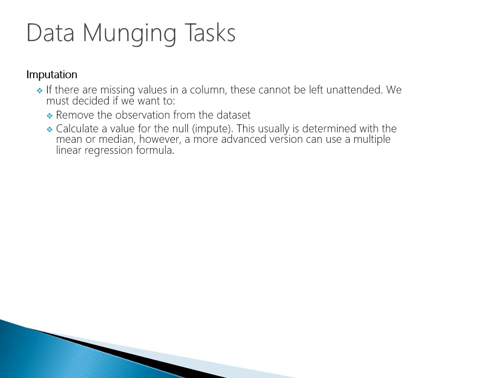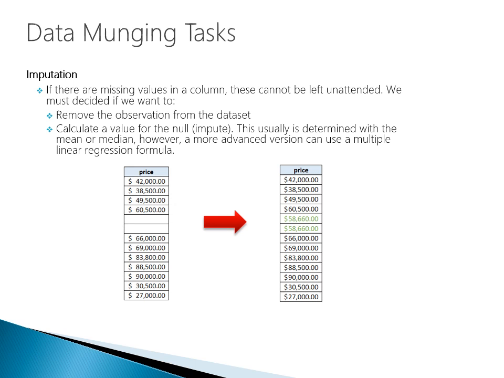You can use a modeling technique to address data munging tasks. And in our example here, we're now showing our missing data, and then we have data that has been placed in it using our measure of dispersion of mean.